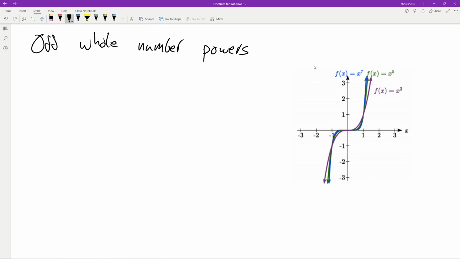Notice that all of these look similar to the cubic toolkit function, but once again, as the power increases, the graphs flatten near the origin and become steeper away from the origin.